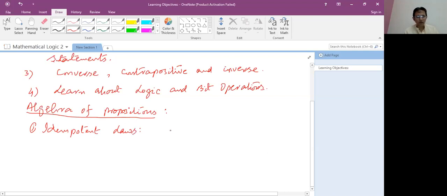The first one is P or P logically equivalent to P. Now the second law, in terms of multiplication, P and P logically equivalent to P.